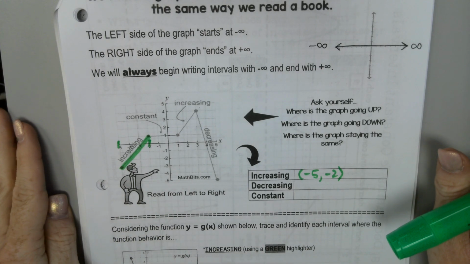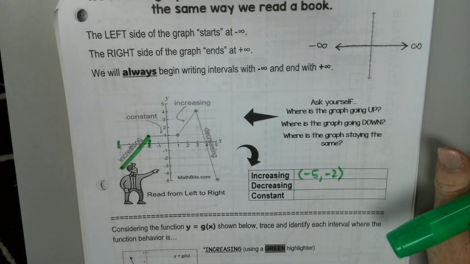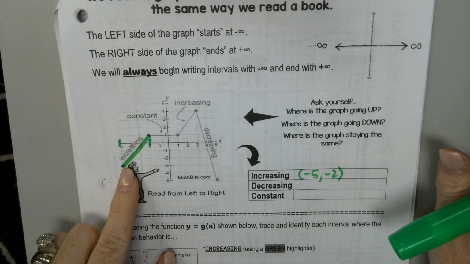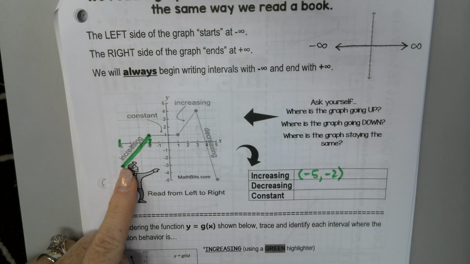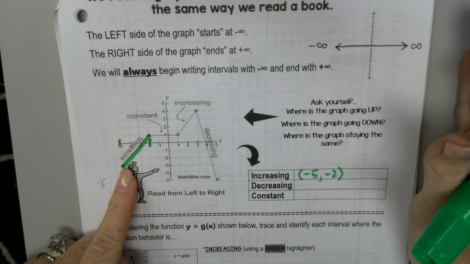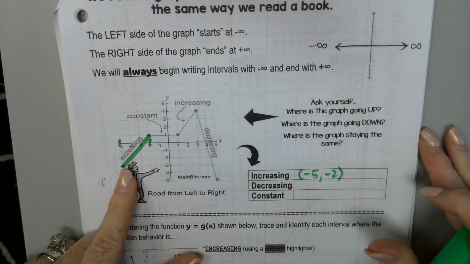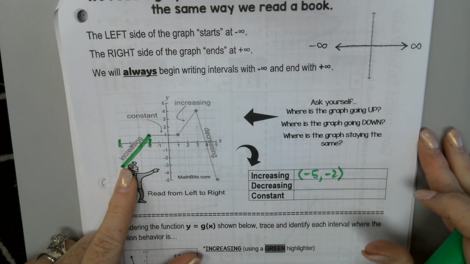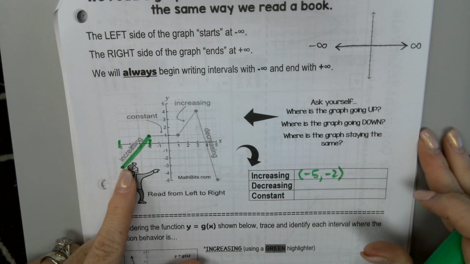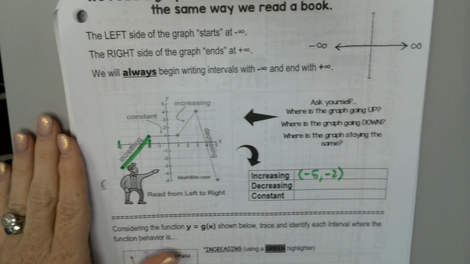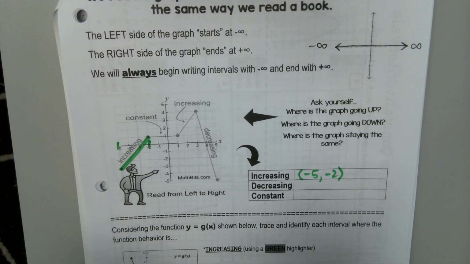A point is zero dimensional, it's just a location. Is a point increasing or decreasing itself? No. So I do not care on my intervals to have any brackets. From left to right, all of it can just be parentheses, all right?